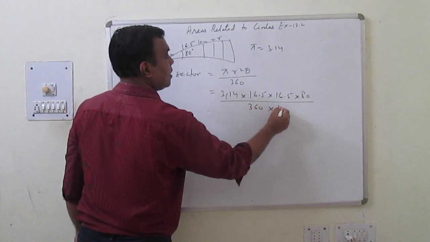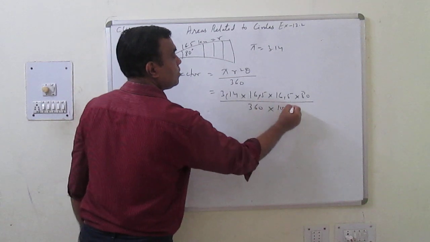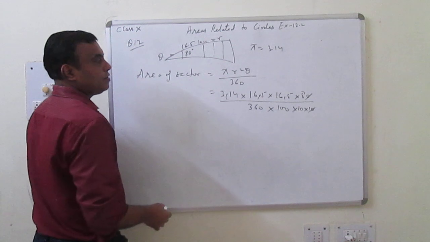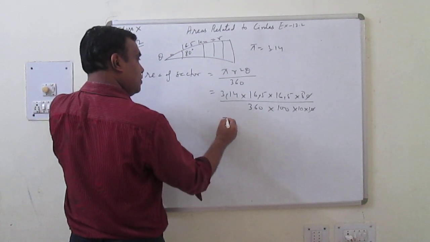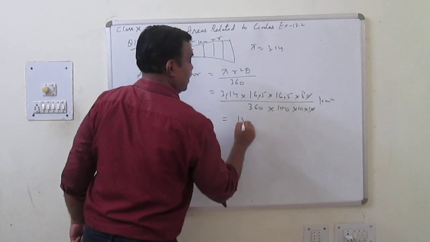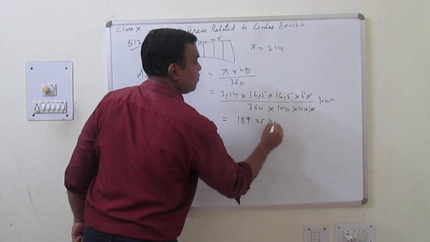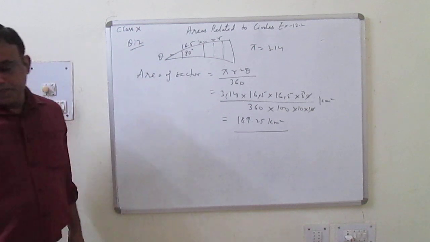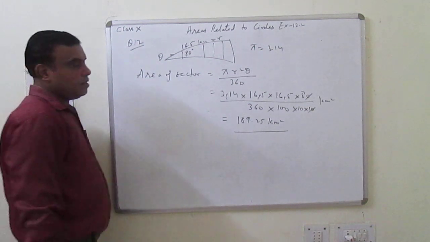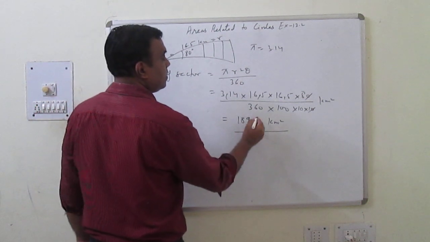This 0 cut. Now if you solve it, you will get it in kilometer square, 189.97 kilometer square.